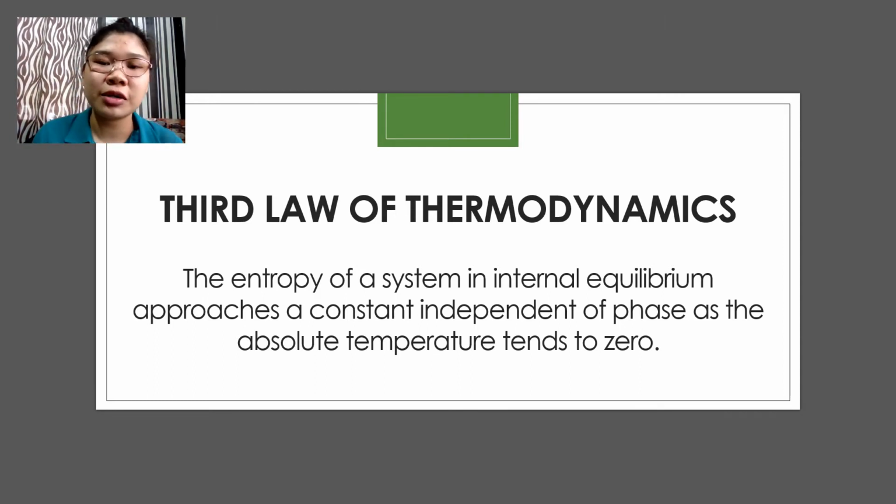In simpler terms, as the temperature of any system approaches the lowest possible temperature, or 0 Kelvin, the entropy of the system assumes a particular or the least value when the system is in its lowest energy state.